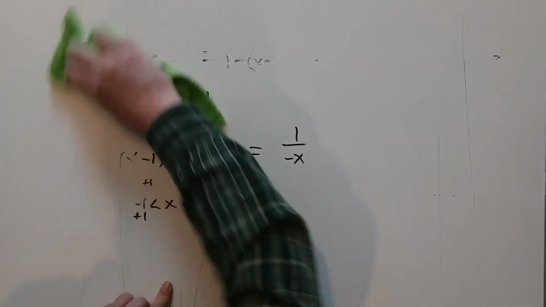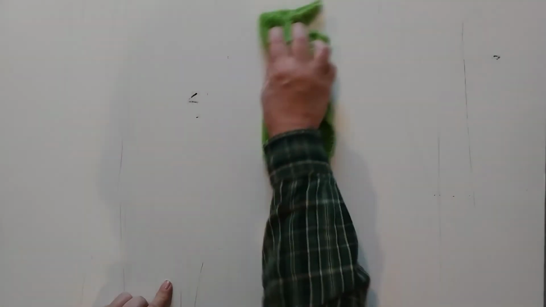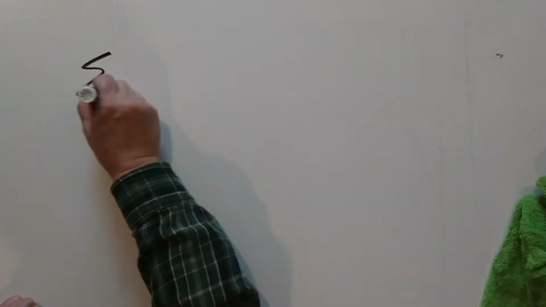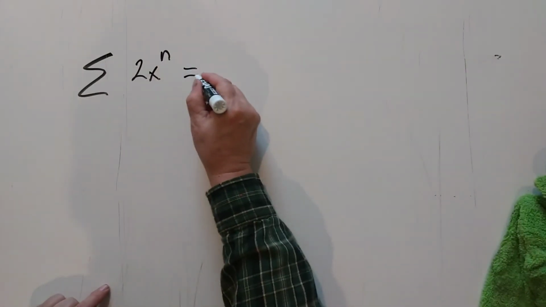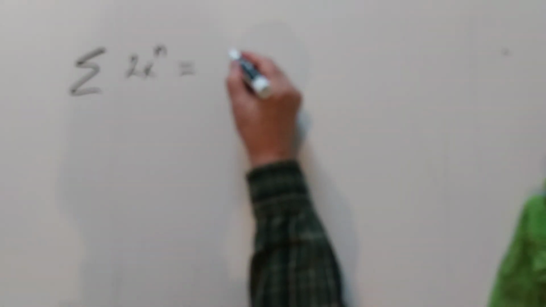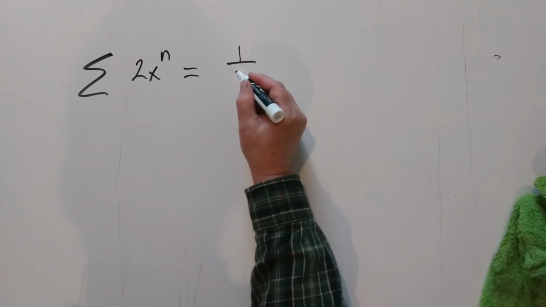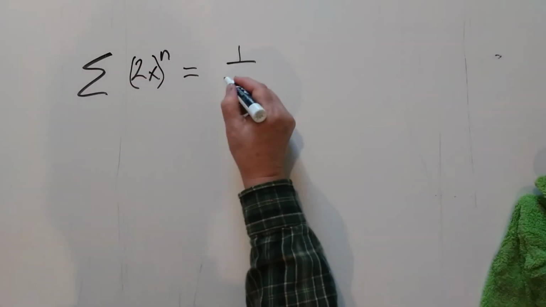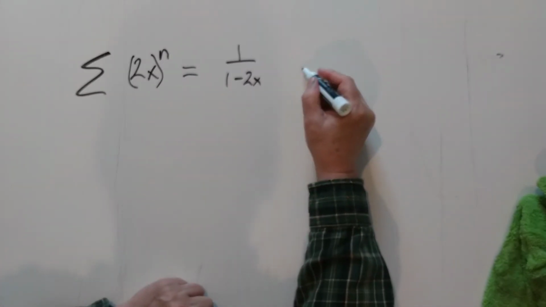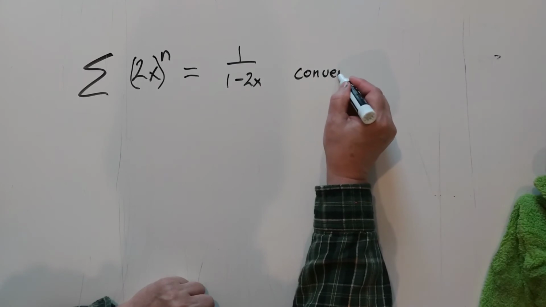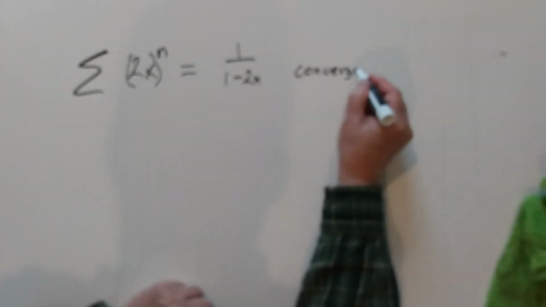Now let's look at multiplying. The sum of 2x to the nth will equal 1 over 1 minus 2x. But what's the converging range? Or the converging domain, I guess, correctly.